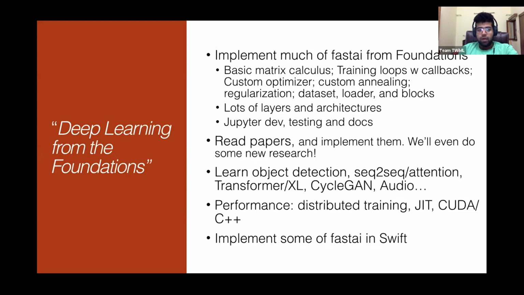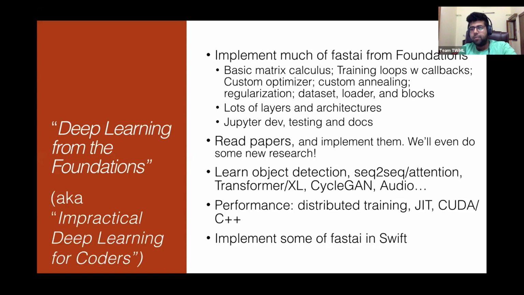If you've had the chance to watch the first lecture, these are the topics that Jeremy mentioned we'll be covering. Also a quick note that many of these are still at the very cutting edge, for example object detection, sequence to sequence, attention, transformer, etc. So he's mentioned that these might be challenging projects to take on.